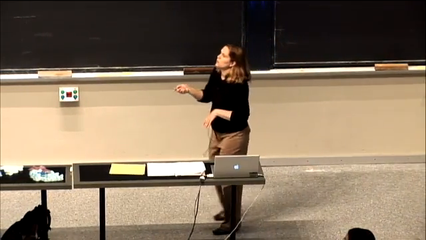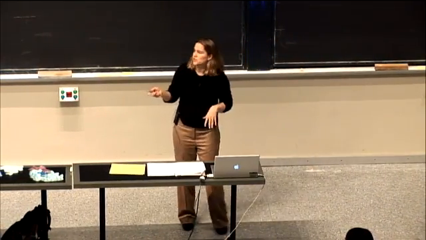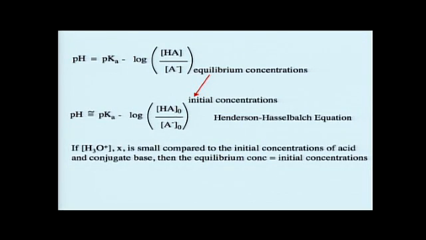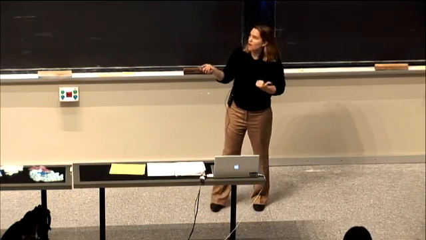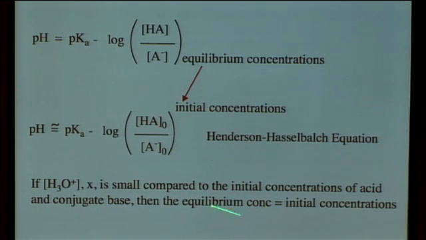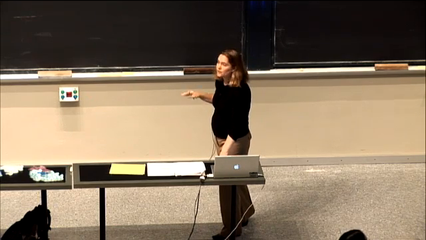That's true when X, which in this particular example is your hydronium ion concentration, is small compared to your initial concentration of the acid and the conjugate base that you added to the buffer. When X is small, then pretty much the equilibrium concentration equals the initial concentration. So there's not really very much change if X is a really small number.